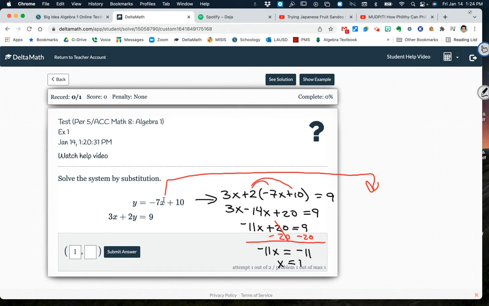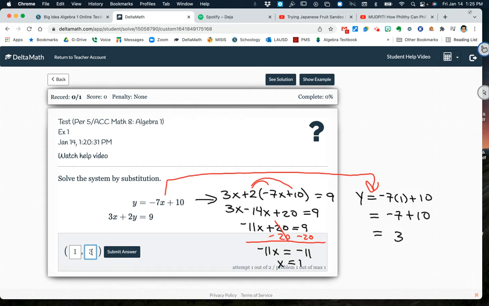So let's do that. Y equals negative 7 times 1 plus 10. So negative 7 times 1, negative 7 plus the 10. That gives us a final answer of 3. So now we know the y value is 3.